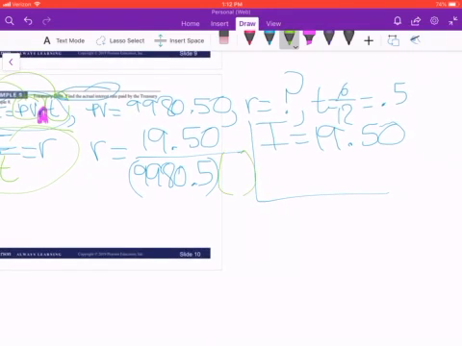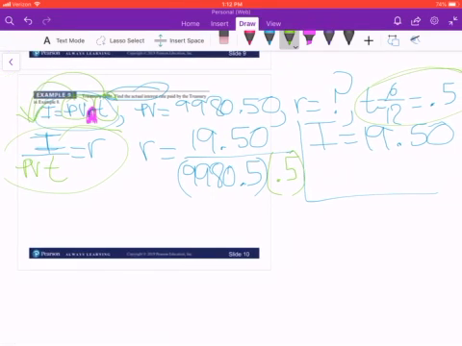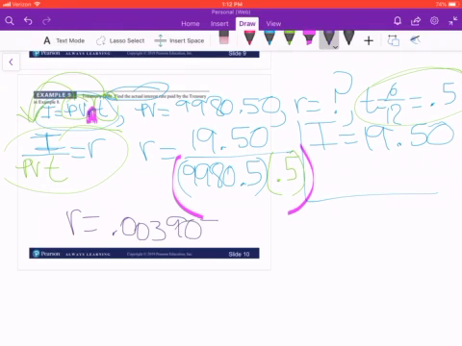So the time was 0.5 for 6 months. And so if we enter this on the calculator, I would make sure to put parentheses around the denominator. So that will give me a rate of 0.003976. And of course, depending on how your MyMathLab wants you to round your answer, you will enter so many decimals.